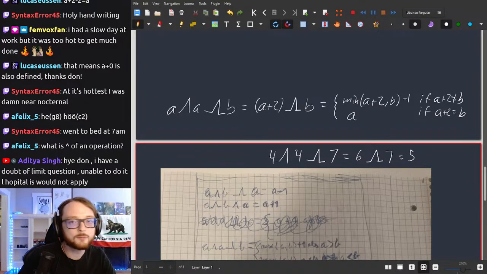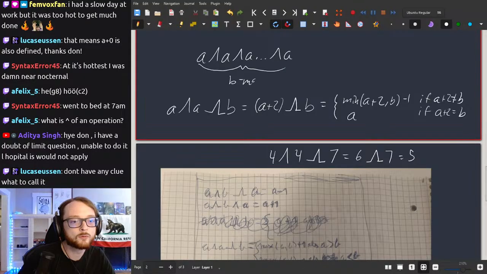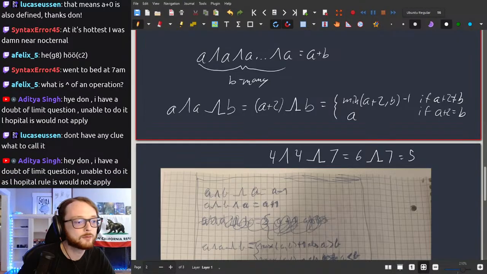This is an algebra that Lucas has been playing with. Basically, we've just been calling it wedge. It started with, if you have a wedge a, b many times, then this is a plus b.